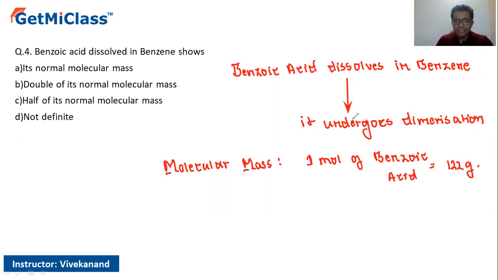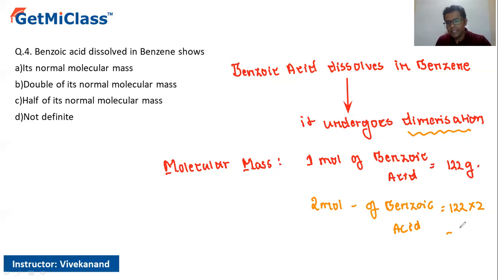Now, as I said, it undergoes a process of dimerization, so it usually doubles. That means in the given thing it becomes 2 mole. So here 2 mole of benzoic acid, that would lead to 122 into 2 times, and that would be 244 grams.